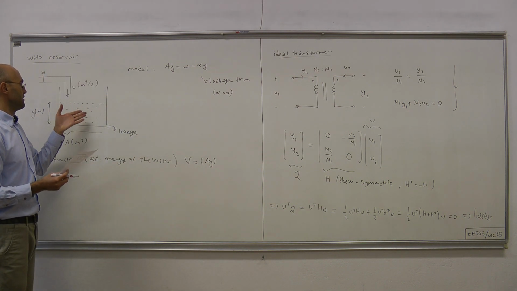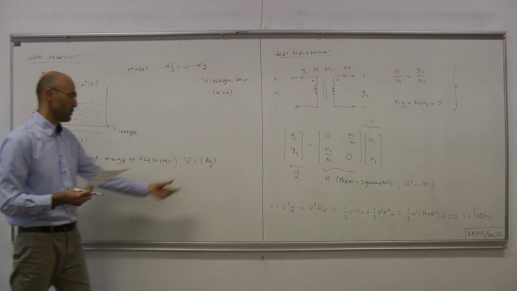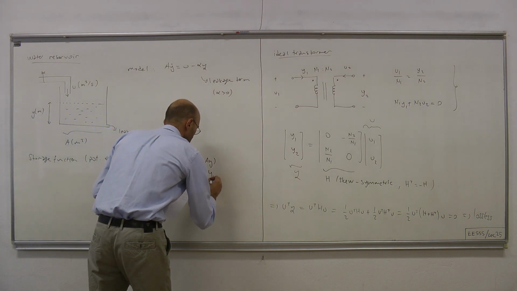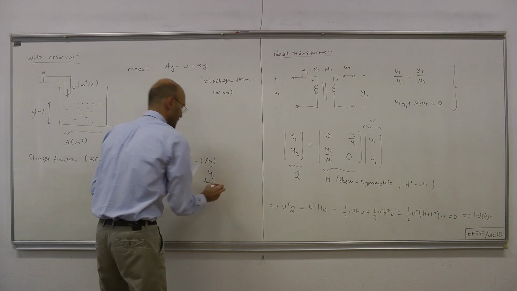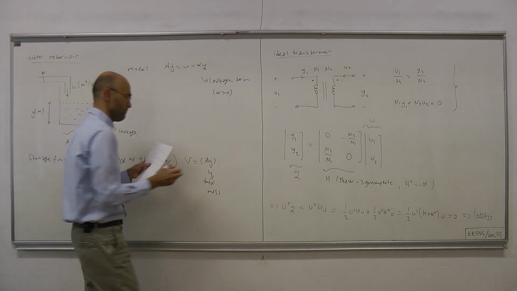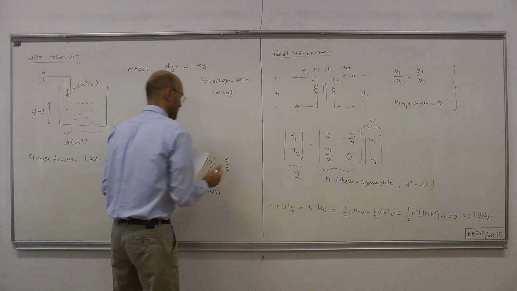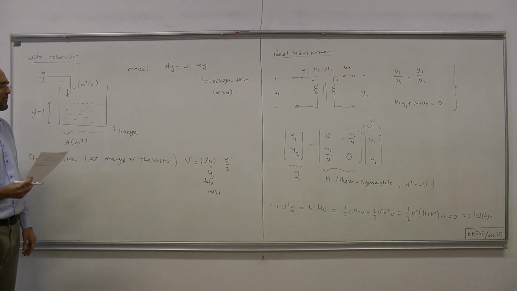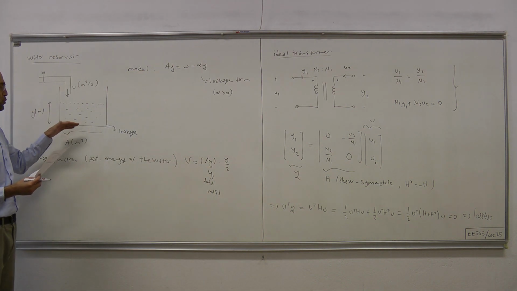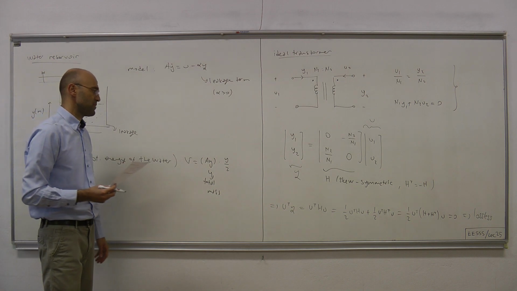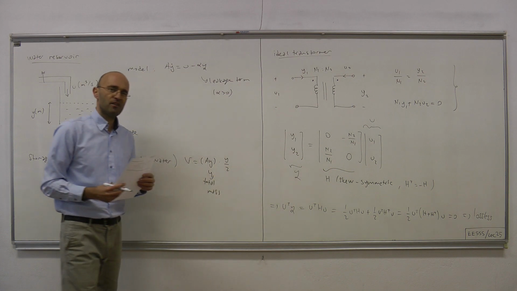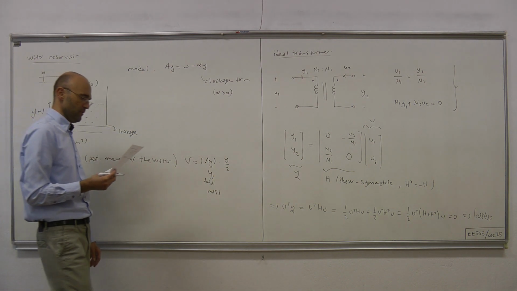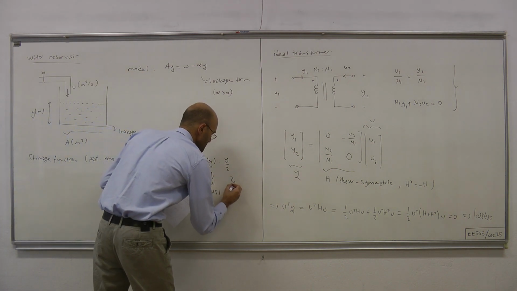We can take the density of water as 1, so that's the total mass, times the distance to the bottom of the center of mass, which is y over 2, times the gravitational constant, which we can take to be unity. Of course, because this is the total mass, this is the average height.